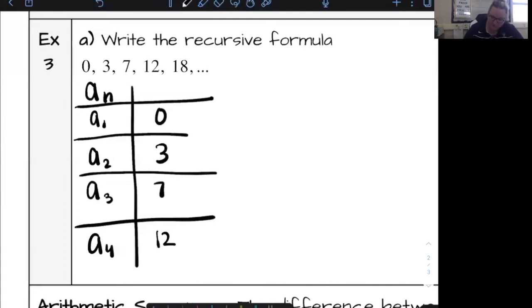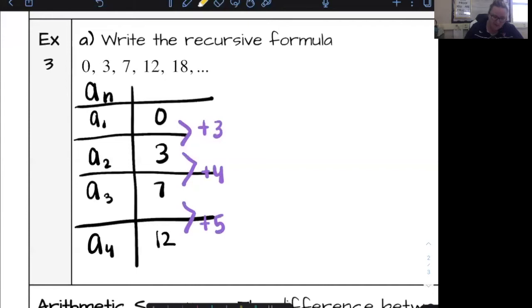fourth term is 12. So what I notice is to get from 0 to 3, I add 3. To get from 3 to 7, I would add 4. To get from 7 to 12, I would have to add 5. Well, each time I'm going up by 1, right? Well, check this out.